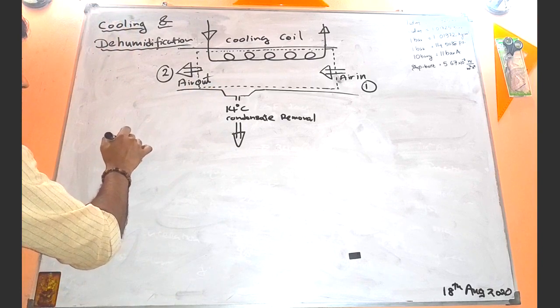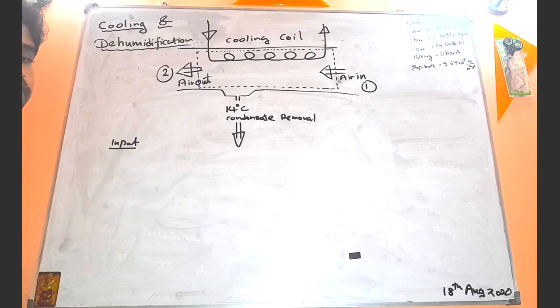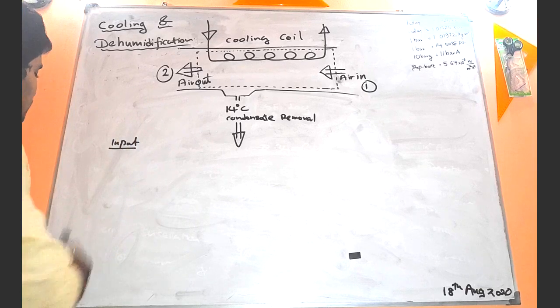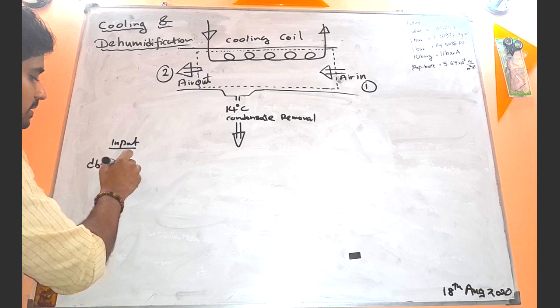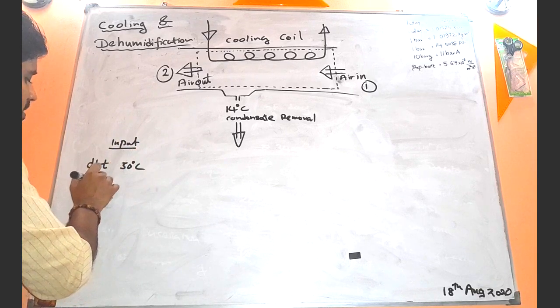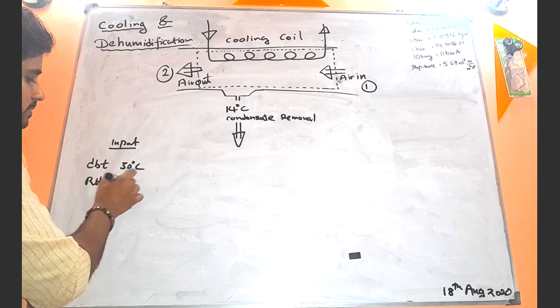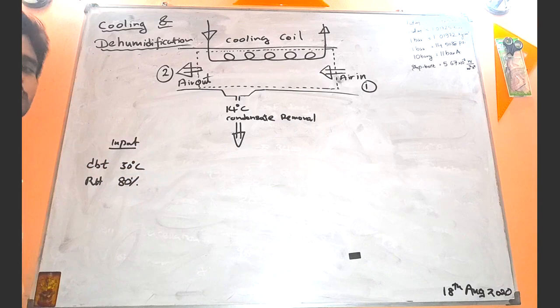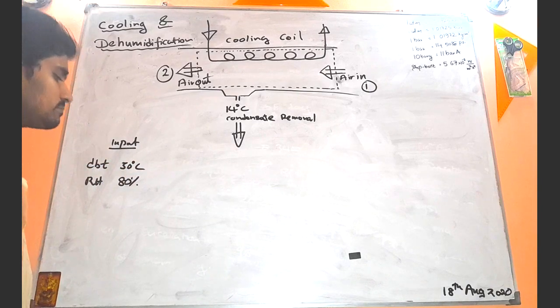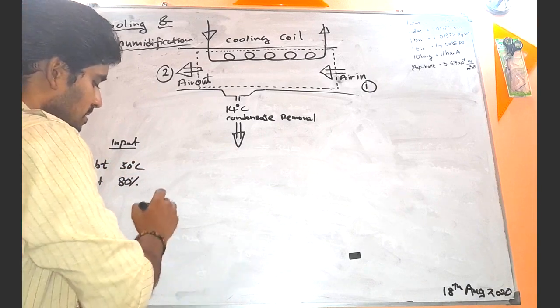For the input side, it is given that the dry bulb temperature is 30 degrees Celsius and the relative humidity is 80%. You know how to use the psychrometric chart, the boot shape.